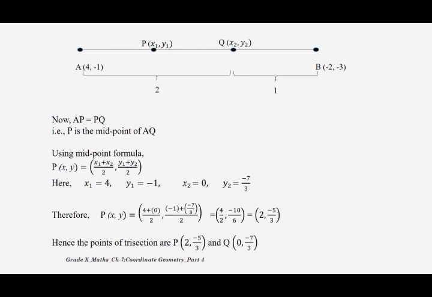In this formula, our x1, y1 are the point A and x2, y2 are the point Q, because P is the midpoint of A and Q. So we'll substitute the values in the midpoint formula and we get P to be (2, -5 by 3). Hence, the points of trisection are P (2, -5 by 3) and Q (0, -7 by 3).